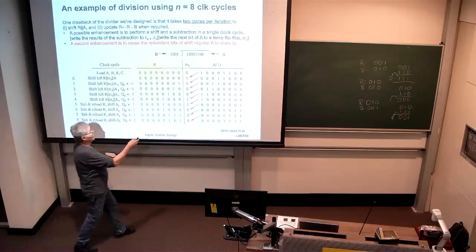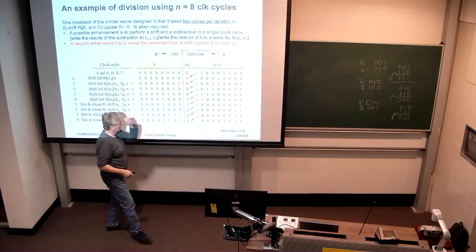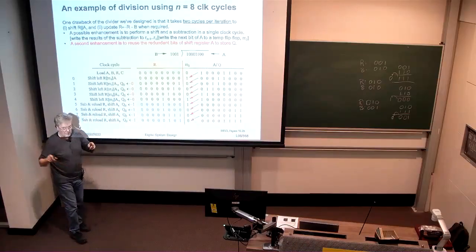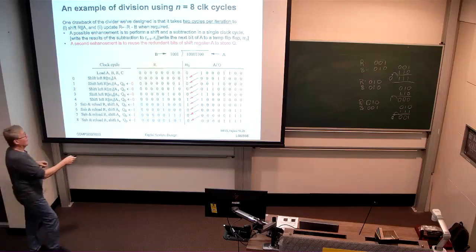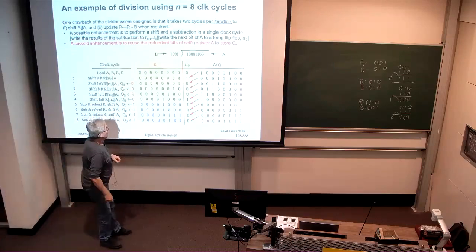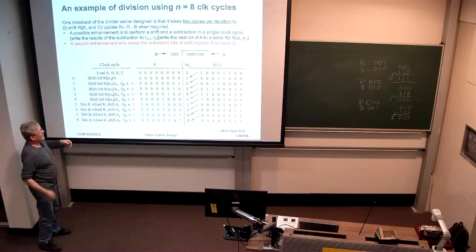We see the most significant bit of A, this is our original A, is shifted into this flip-flop. So for the sake of checking whether R is bigger than B or not, in that cycle labeled 0, the value we're comparing with is 1. All of these zeros and 1. Obviously we can't subtract 9 from 1.